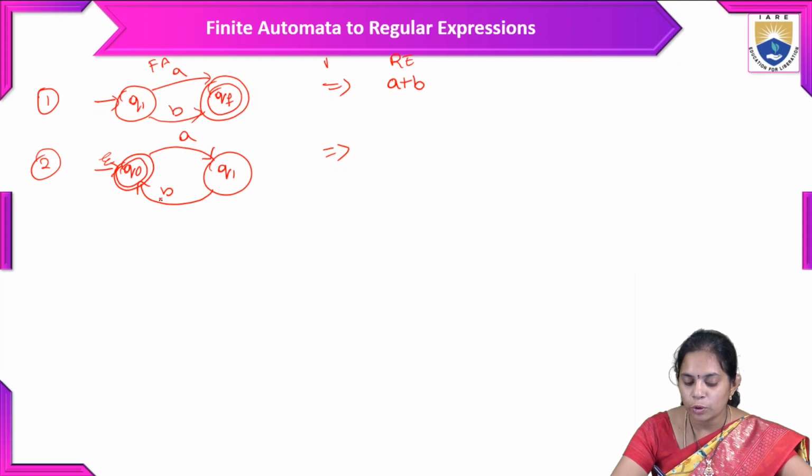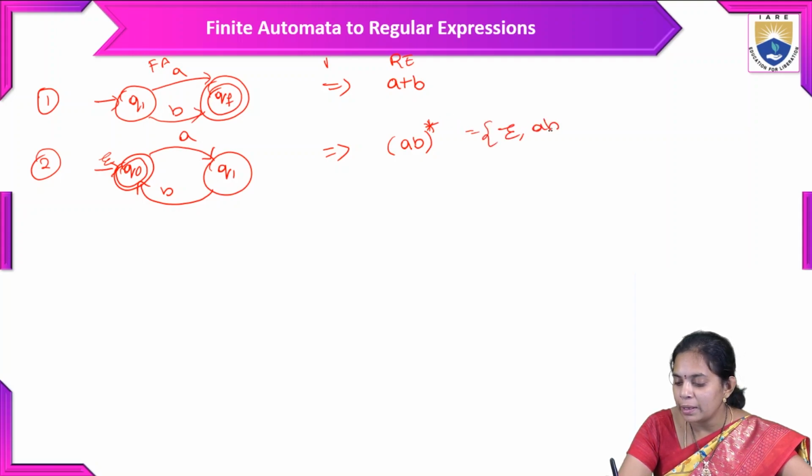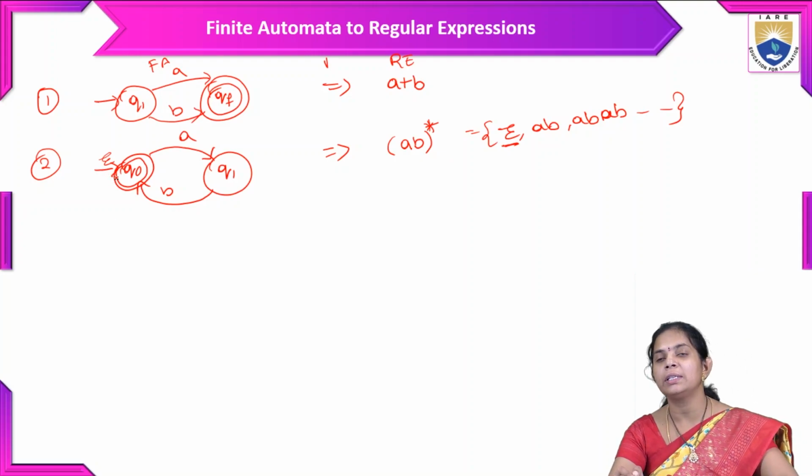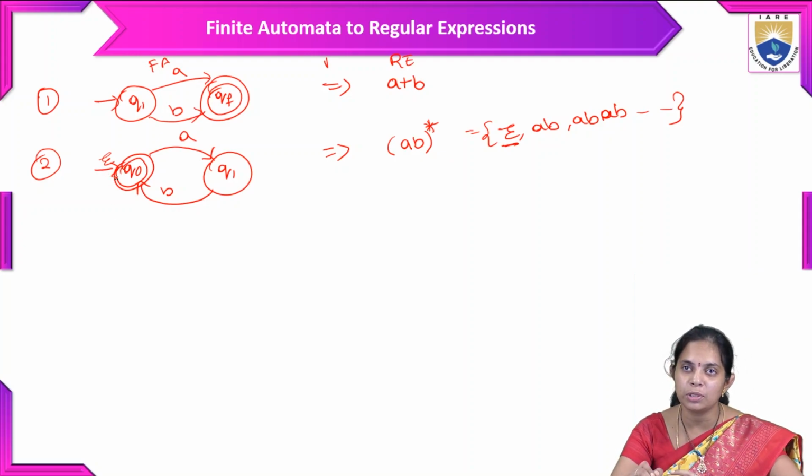A is followed by B and it is reaching the final state, and it loops, so I can write the epsilon star symbol. The star indicates sigma, AB, ABB, AB, AB and so on. This epsilon is satisfied with the initial condition. Initially it has the epsilon symbol as an input symbol and it is reaching the final state.